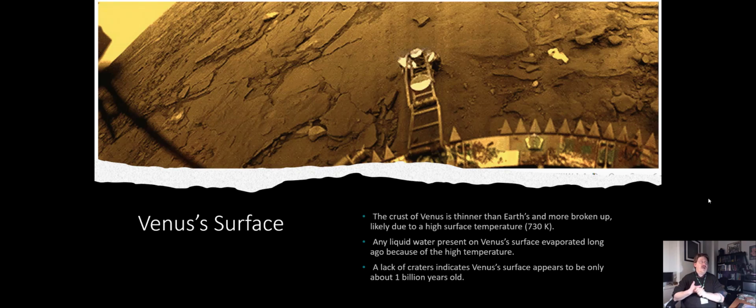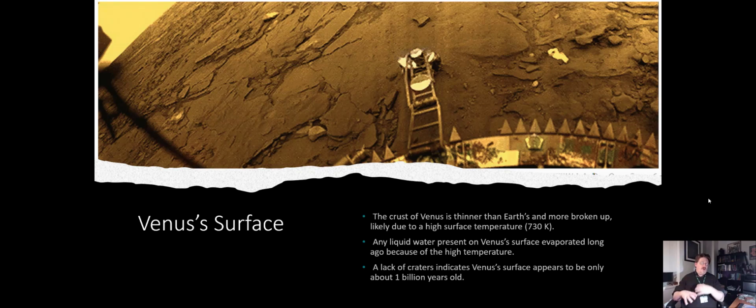And then you have lightning storms that are frequent at the lower base of those higher altitude winds. And then the fun part is that it has rain composed of sulfuric acid.